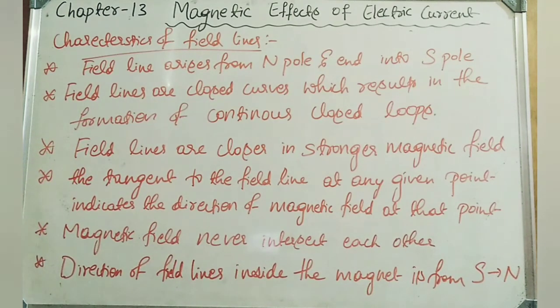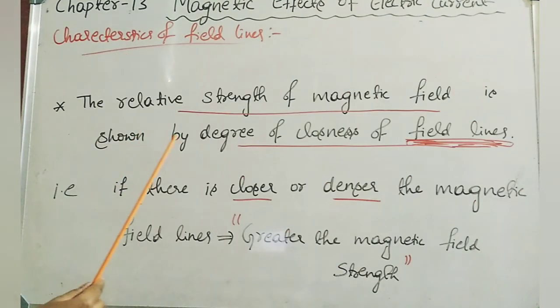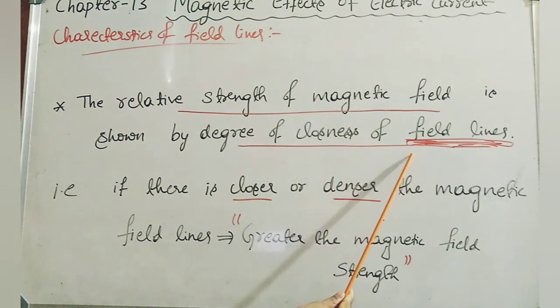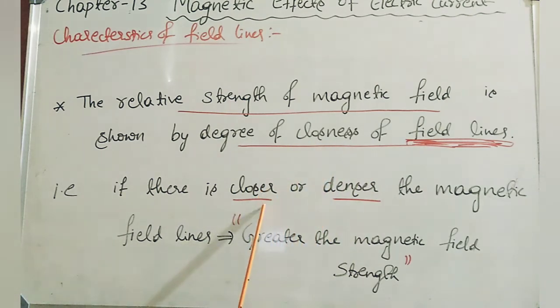And one more point is, the relative strength of magnetic field is shown by the degree of closeness of field lines. Look at this, closeness of field lines. That is nothing but the closer or denser the magnetic field lines. If there are closer field lines, then the magnetic field strength will be greater.